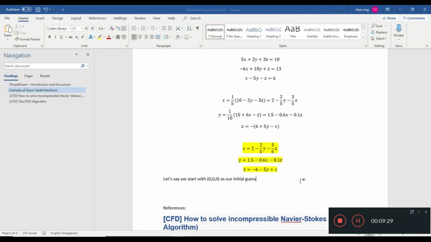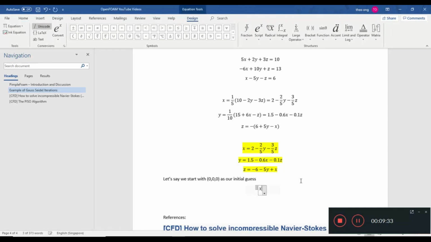That means the initial guess of x, the 0th guess, equals 0. y, the 0th guess, equals 0. z, the 0th guess, equals 0. This is our initial guess. We always need to have an initial guess in a numeric system of equations.